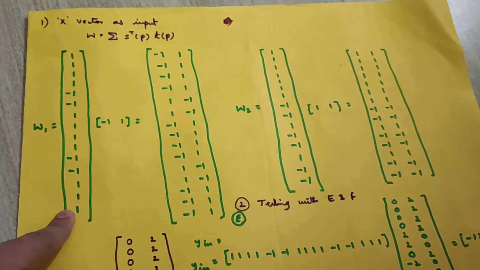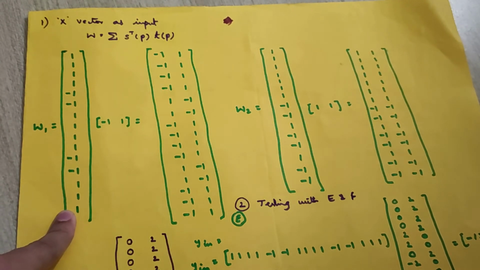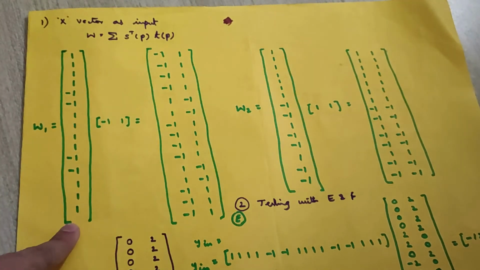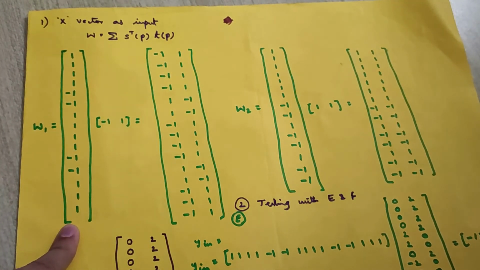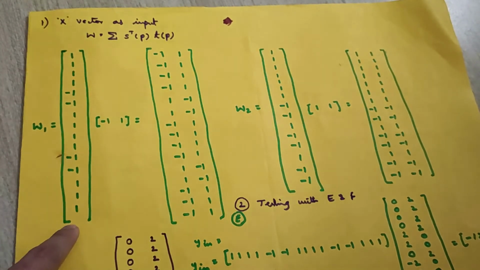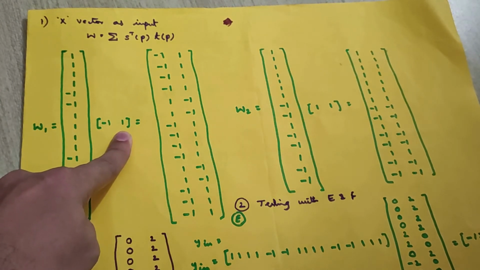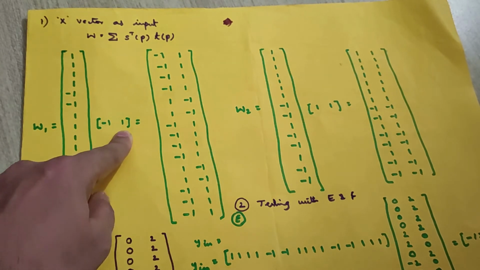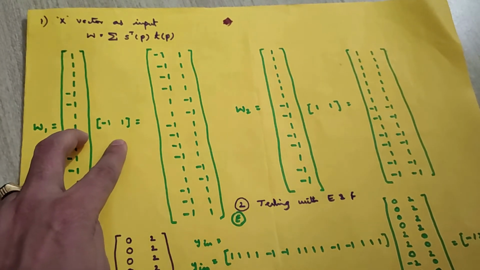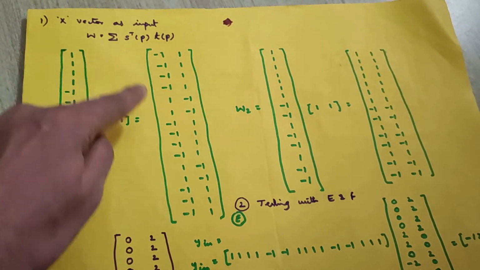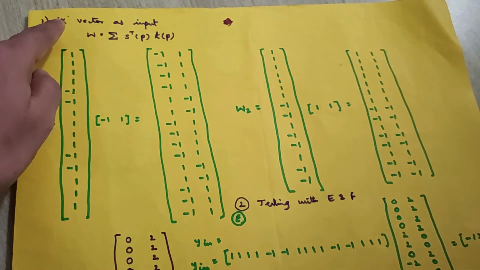These are the values we obtained before, that is S of P. Now it is S transpose of P. We can simply recollect our knowledge of matrices here. Once this is S transpose of P and the target vector is -1 and 1, which is also given clearly in the question, if we multiply these two, we can get the weight matrix W1 from the X vector.